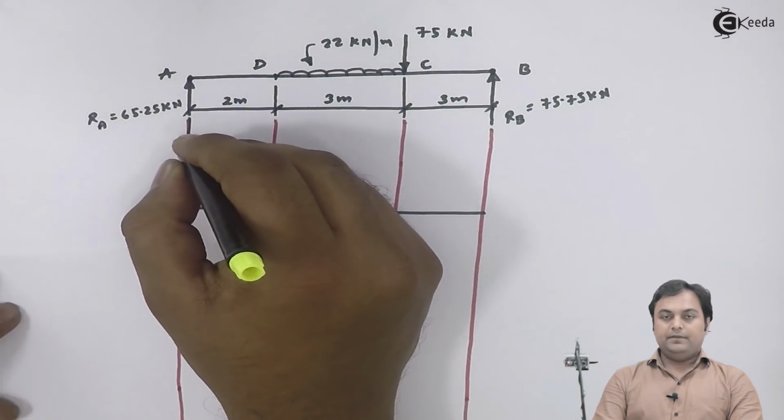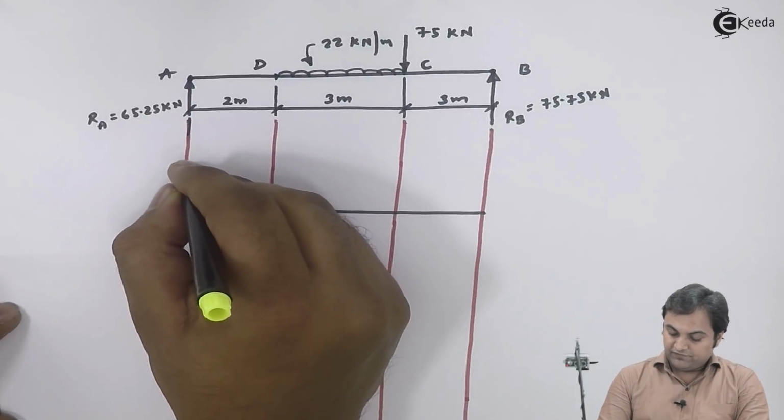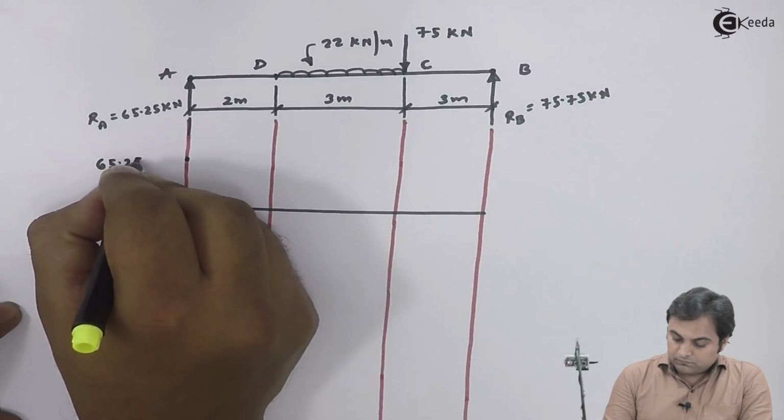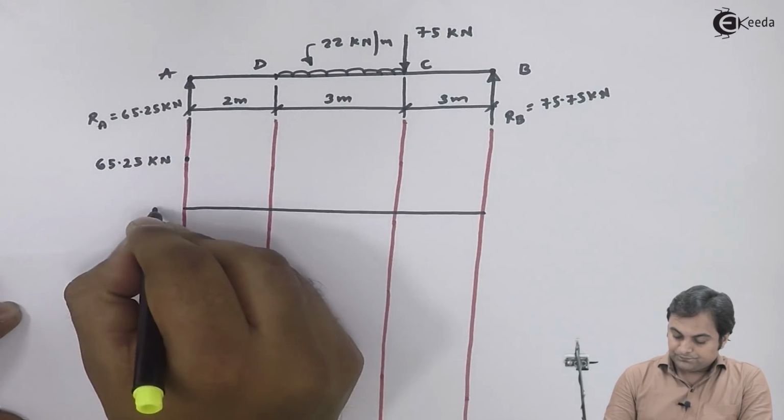At point A, I am getting the value as 65.25 kilonewton.